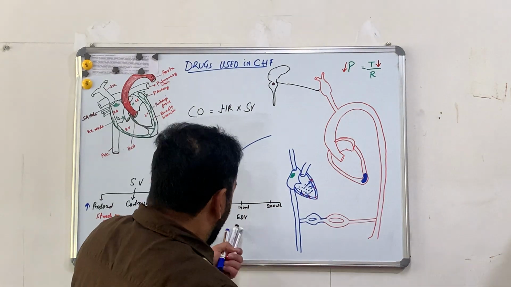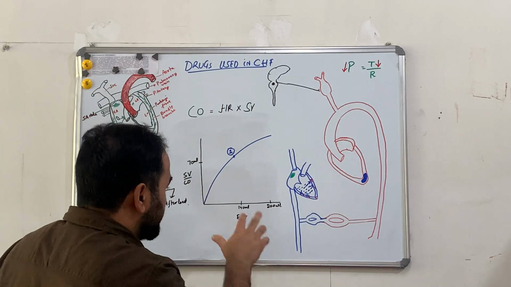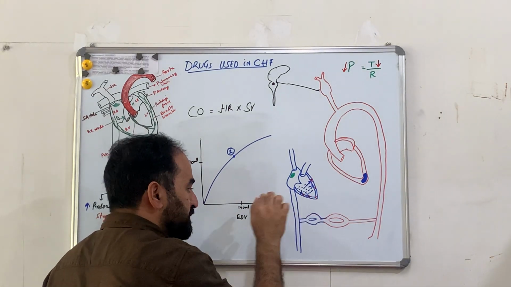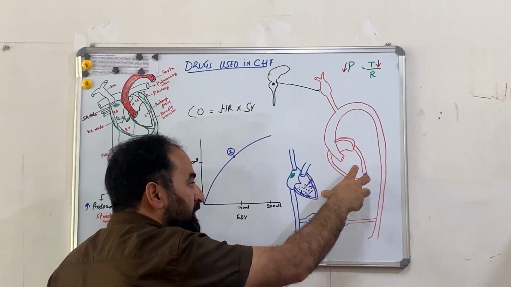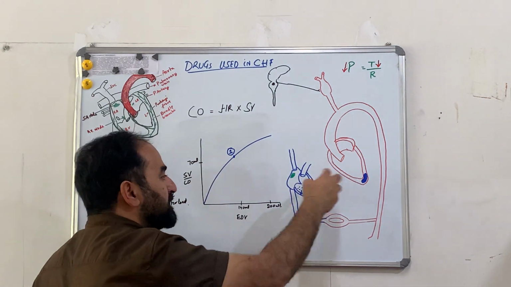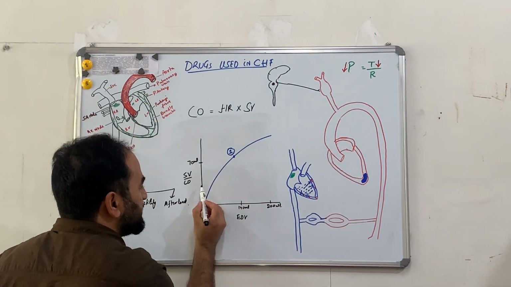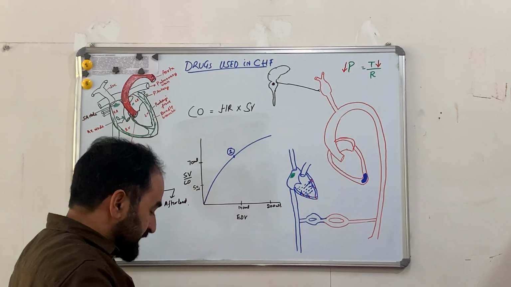Okay, come here. The same 140 ml of blood is received per beat by your ventricle. In the failing heart, it is not able to eject 70 ml, but say for example it ejects around 50 ml of blood into the circulation. What does that mean?